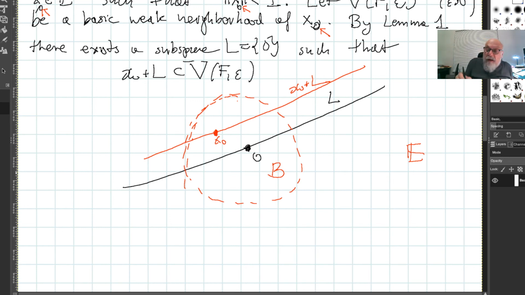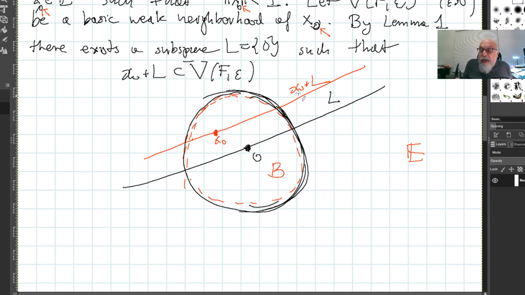And where is our S? S is the boundary of this set. So of course the set x naught plus L intersects S, at a point y naught.